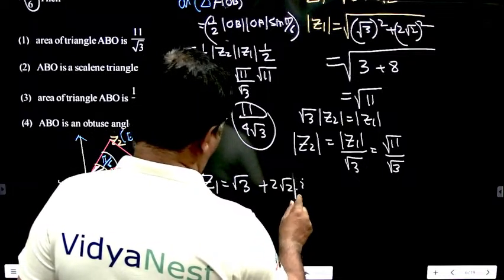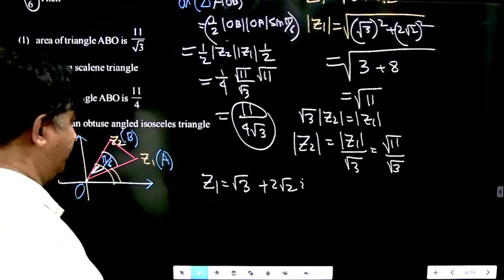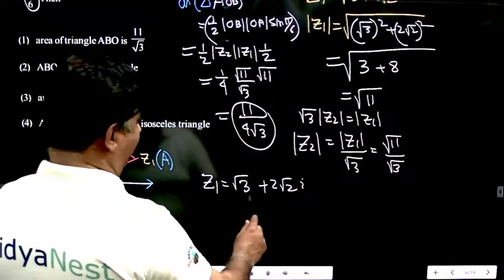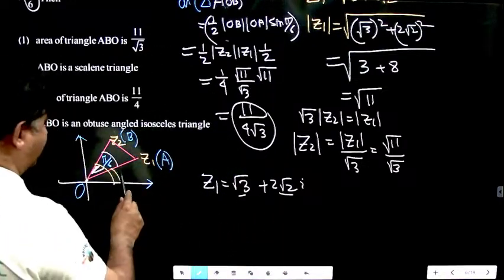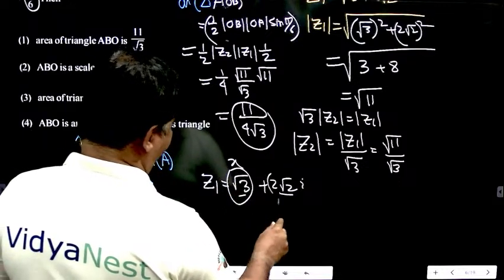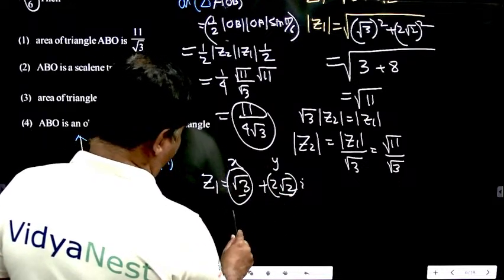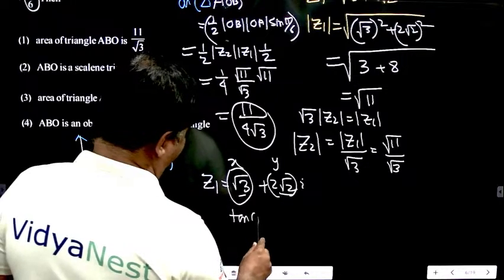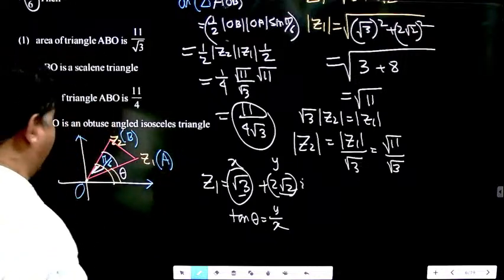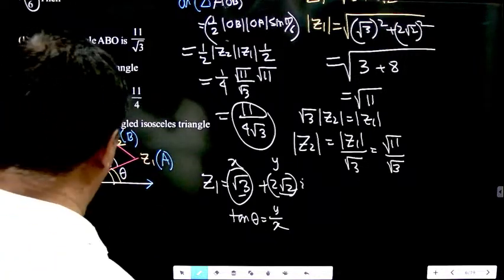Already we have got this. Now, this is x plus iy. So what is this angle? If this is x and this is y, all of us know that tan theta is y by x, okay?